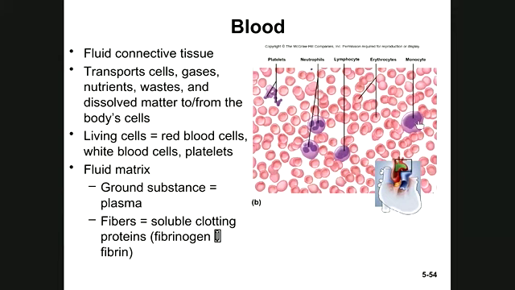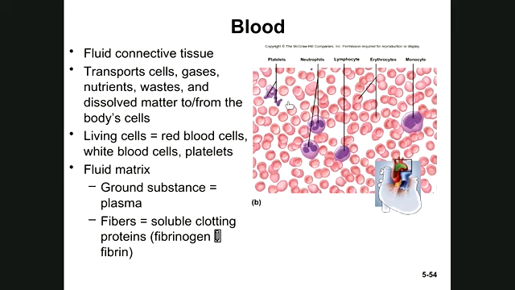Some of them are white blood cells which perform immunity, and some of them are called platelets, which do blood clotting. And between these cells we have matrix. Our matrix only contains fluid, called plasma, and we don't have any fibers here when our blood is in healthy blood vessels.